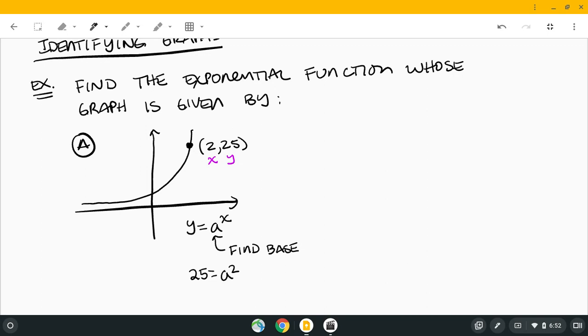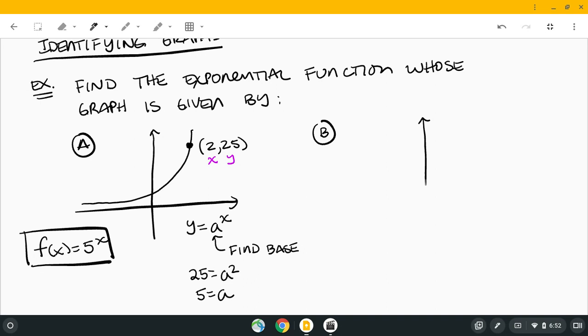Oh, a must be 5, right? Okay, so then that would be your function. F of x equals 5 to the x. Okay? All right, go ahead and see if you can find the function for this one.